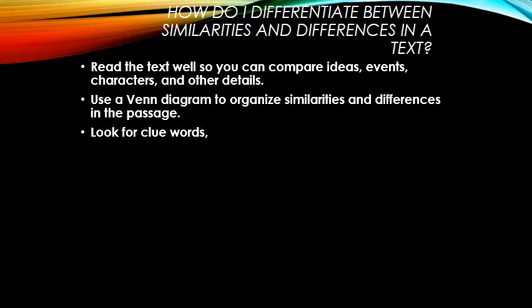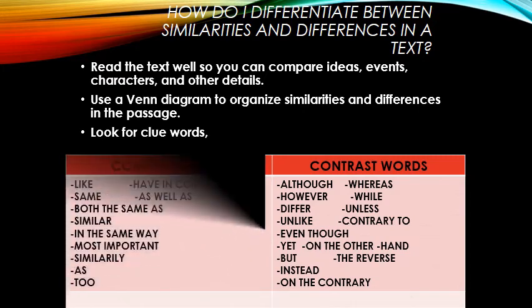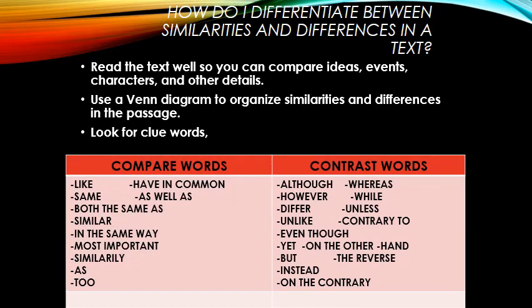Third step, look for clue words. What are these clue words? Let's have this tip. To compare, there are certain words I use. Compare words: like, same, both, the same as, similar, in the same way, most important, similarity, similarly, as, to, have in common, as well as.